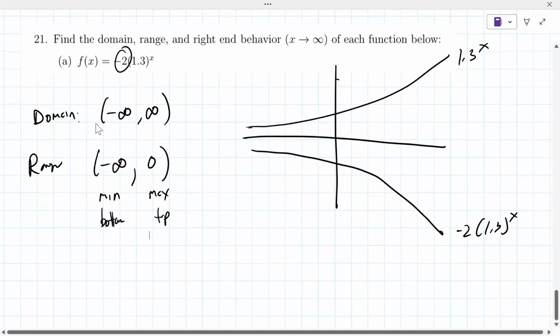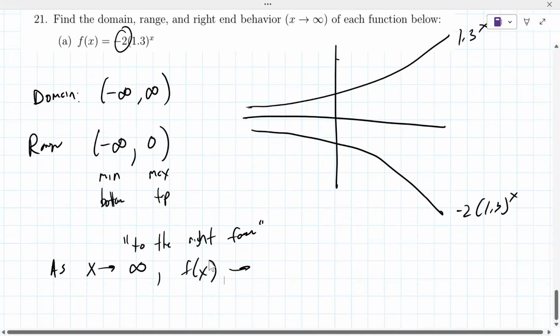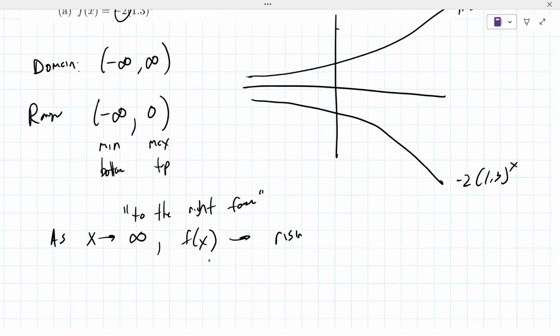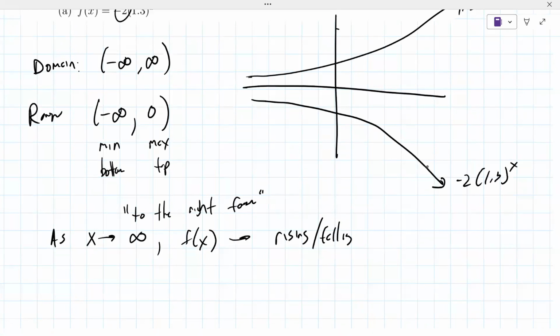Now, end behavior as x goes to infinity. This means in words, to the right forever. And then they're asking, what does f of x do? What does the y value do? You want to think of it in terms of rising or falling. So over here, is it rising or is it falling?